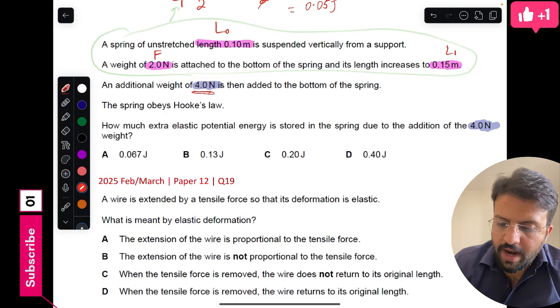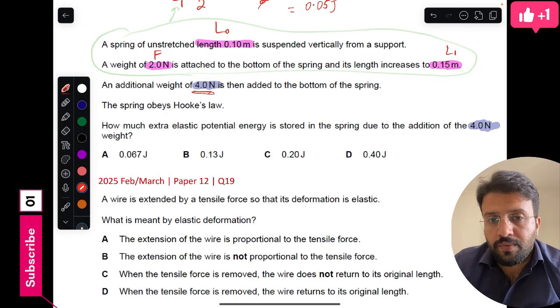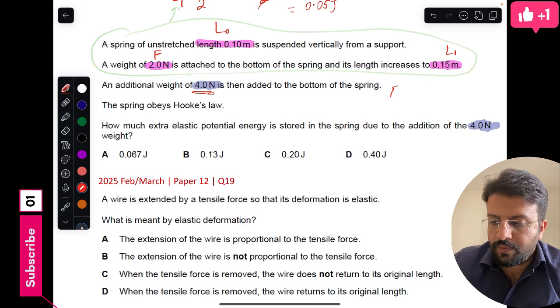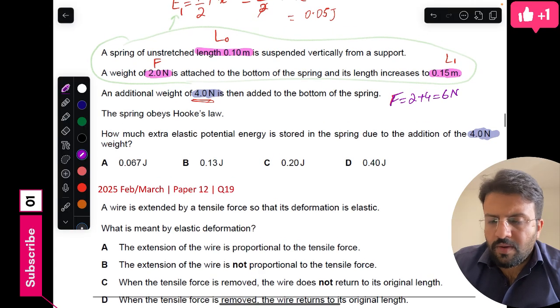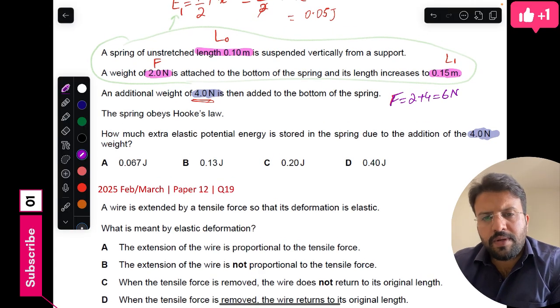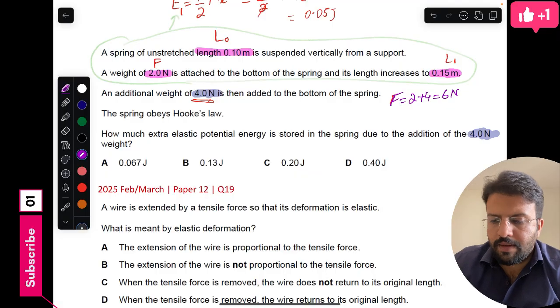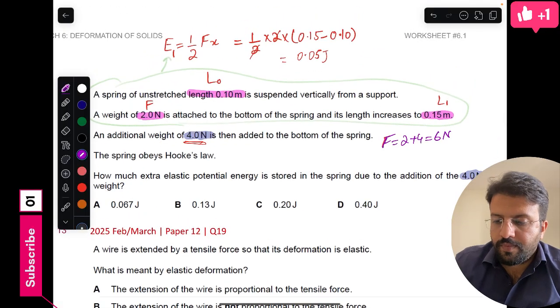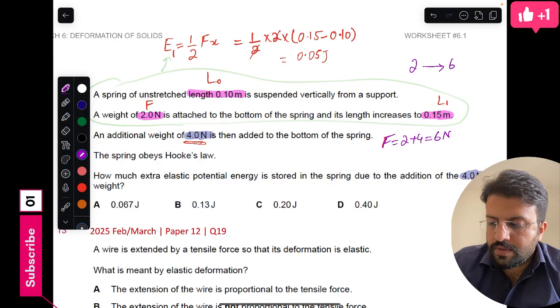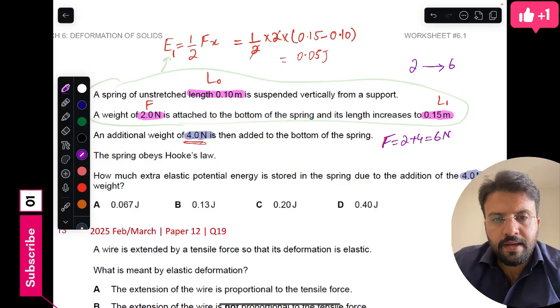Finally, you are adding 4 Newton to what already was 2 Newton force. So F will be 2 plus 4, that is 6 Newton. You can solve it by finding the spring constant, but you can do it directly as well. Initially the force was 2, now the force is 6, so it is increased 3 times.